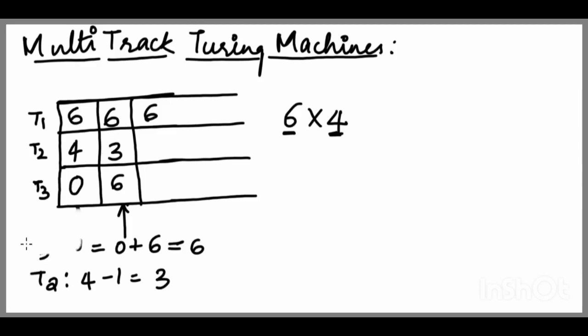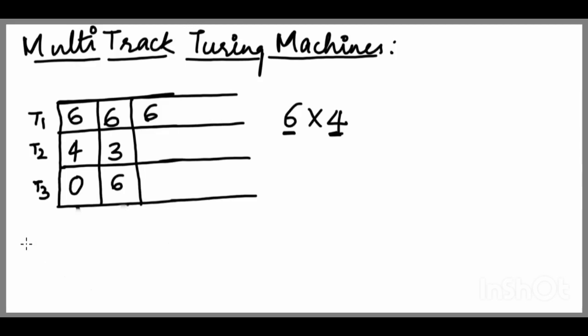So now we read all the values from the next track and move forward in the right direction. Now we have 6, 3 and 6. The next step would be adding T1 and T3, that is 6 plus 6, which makes 12, and decrementing the T2 value by 1, which makes 2. The next step would be to read these values and move forward in the right direction.